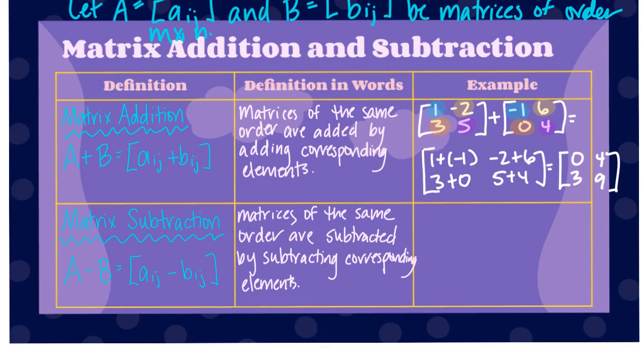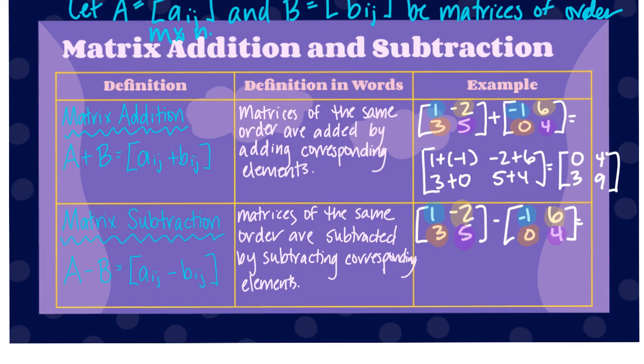Let's say we have two matrices, 1, negative 2, 3, 5, minus negative 1, 6, 0, 4. We can subtract these matrices by subtracting corresponding elements. So we could subtract 1 minus negative 1, negative 2 minus 6, 3 minus 0, and 5 minus 4.